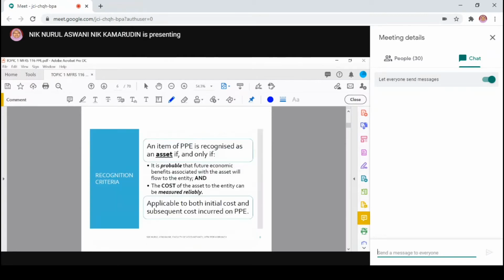So the recognition criteria. An item of PPE is recognized as an asset if and only if it meets these criteria, and you have to meet both criteria because it is 'and', not 'or'.